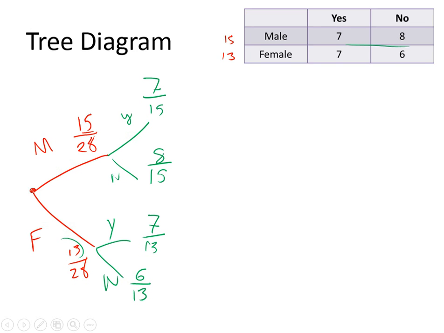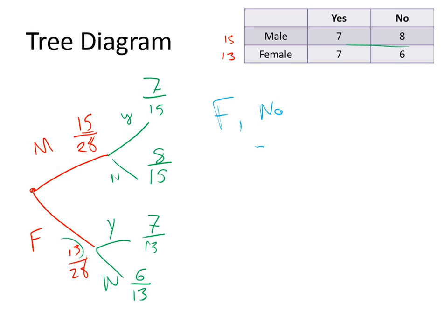And now to find the probability of any of these, so if you want to go female and no to chores, okay. So female and no to chores, what you'll do is you'll take them and multiply them together.